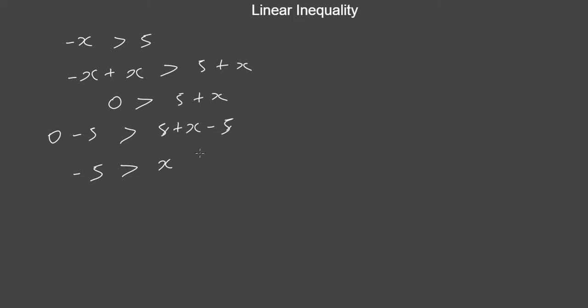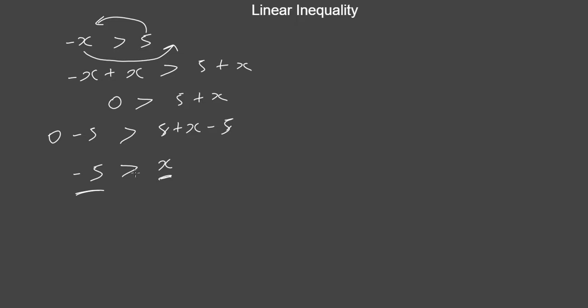This cancels out this. So basically what I've just done is I've transferred this to this side, which becomes minus 5. I've transferred this to this side, which becomes plus x, right? Now if you check this, you will see that we now have minus 5 is greater than x. And if you say minus 5 is greater than x, the implication is that x is less than minus 5.